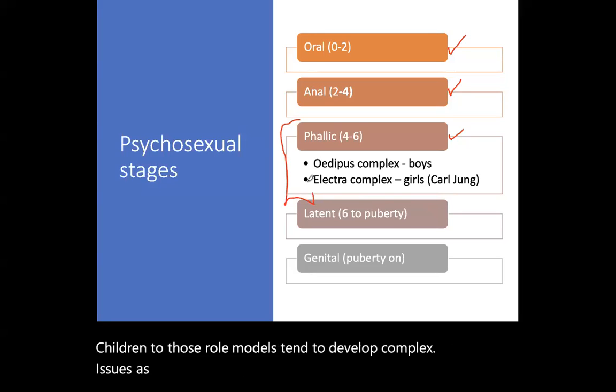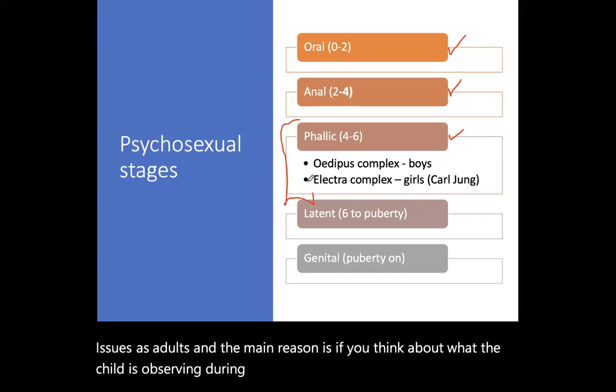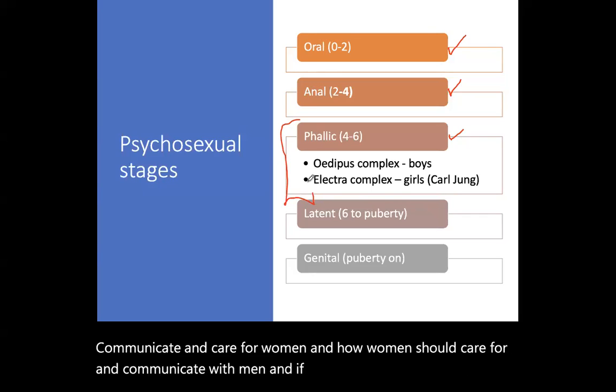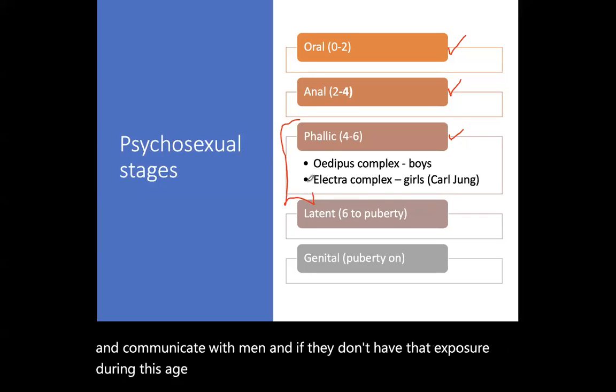And the main reason is if you think about what the child is observing during this age group, they're observing how men should communicate and care for women, and how women should care for and communicate with men. And if they don't have that exposure during this age group, then they do have difficulties in adulthood.